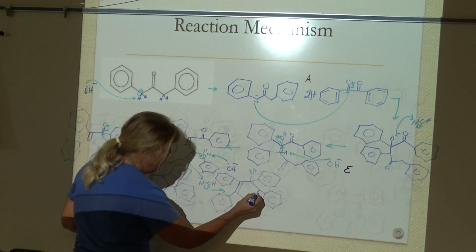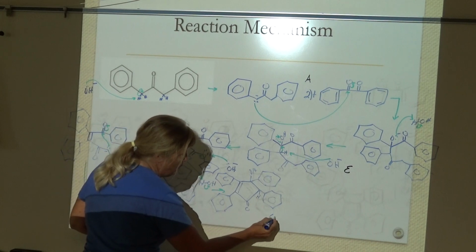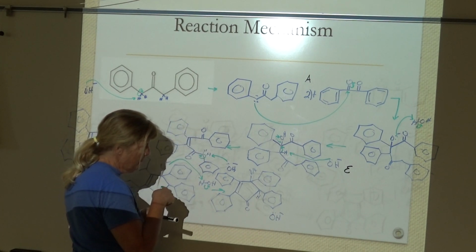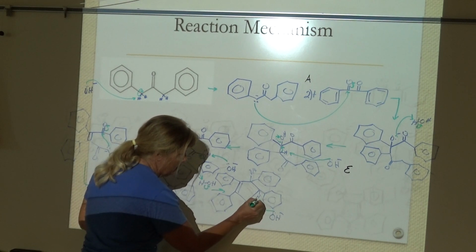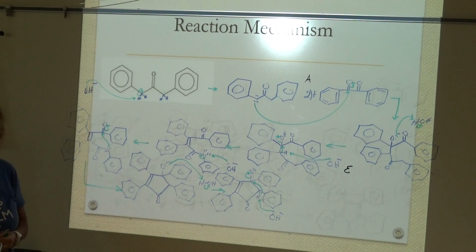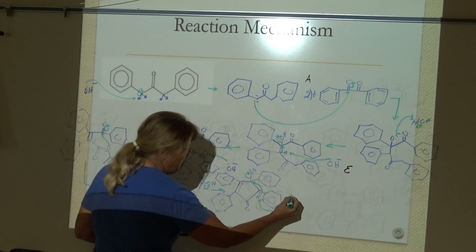And then finally, that fourth alpha hydrogen with some hydroxide around. Here again, proton transfer. The electrons then get flipped over to make a pi bond from carbon to carbon, kicking the leaving group hydroxide out.